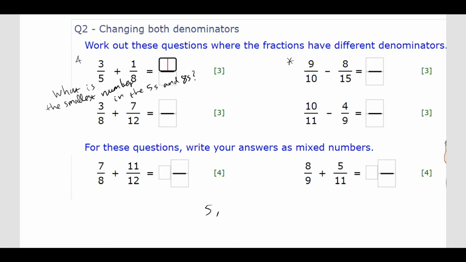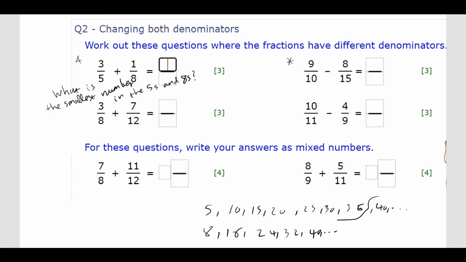If we look at our 5 times tables, it goes 5, 10, 15, 20, 25, 30, 35, and 40, and so on. Looking at the 8s, we have 8, 16, 24, 32, 40, and then we can see actually 40 is the smallest number in both of those lists.